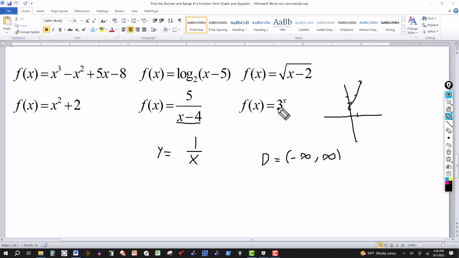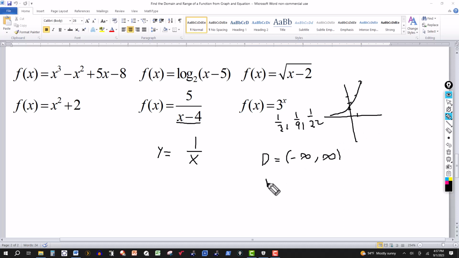Whereas on the negative side, 3 to the negative 1 is 1/3. 3 to the negative 2 is 1/9. 3 to the negative 3 is 1 over 27. So if I pick negative values, the y value keeps decreasing. So the points come like this, but it never crosses the x-axis.